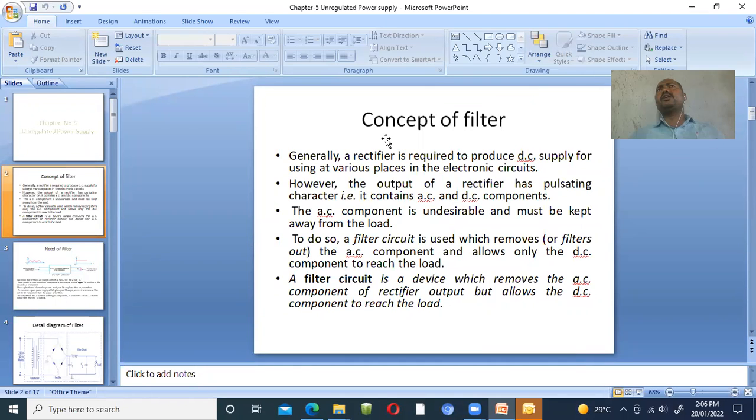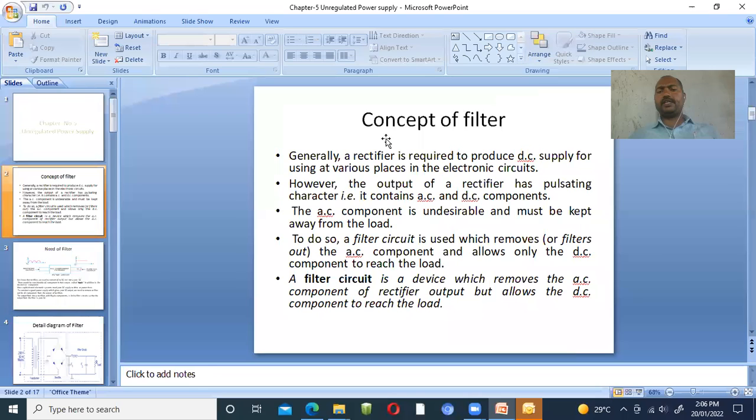That's why the half wave rectifier is used for small kids' toys and similar applications. But for sophisticated applications, we use the full wave, either bridge type or center tap configuration, because the noise or unwanted component in the output of the rectifier is less compared to the half wave rectifier. So we have to explain what we mean by the pulsating component.